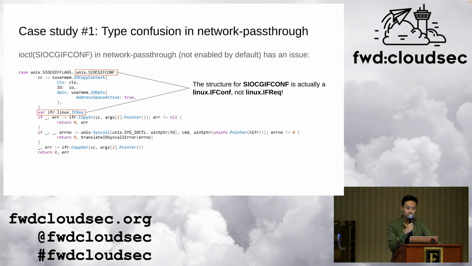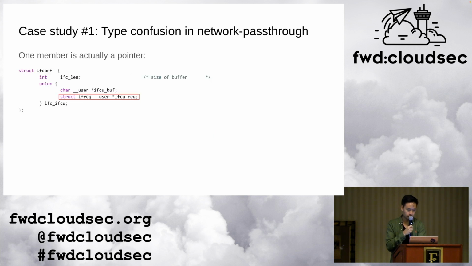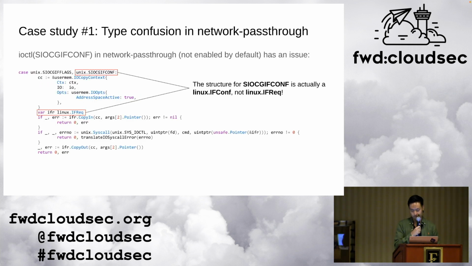We found this issue by carefully auditing all the allowed ioctl commands. The bug was that the wrong structure was used: instead of ifconf, ifreq was used. Sorry, the other way. Instead of ifreq, ifconf.